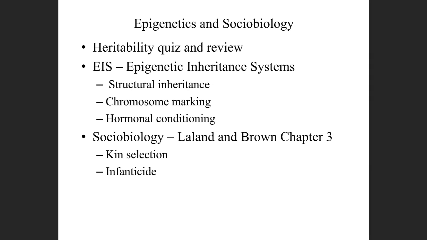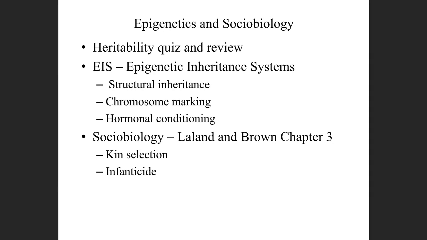So then I'll be talking about sociobiology. I uploaded that chapter from the Lalonde and Brown book called Sense and Nonsense. And I'll be talking more in terms of animal examples than human examples, because sociobiology has been much more effective at explaining and understanding social behavior in animals.